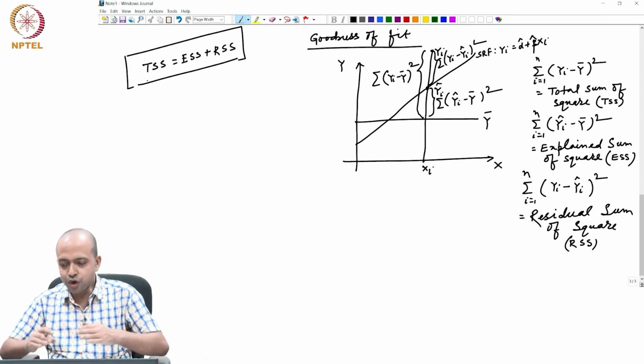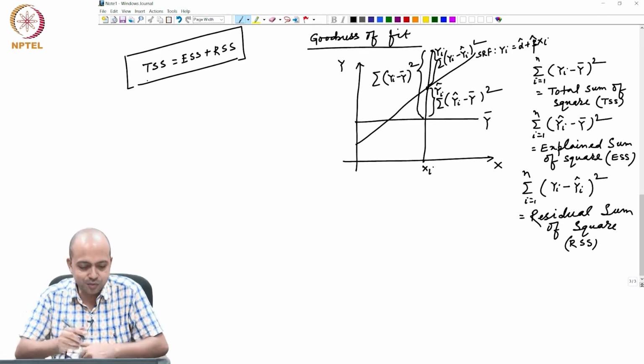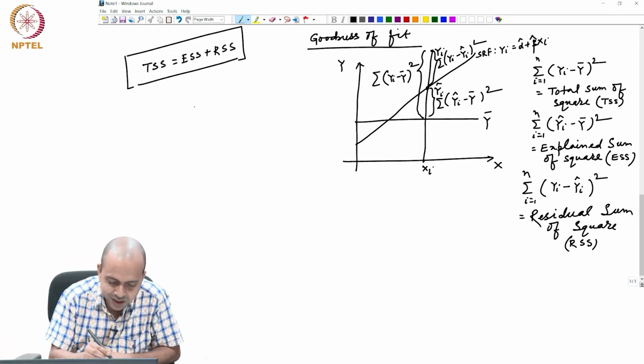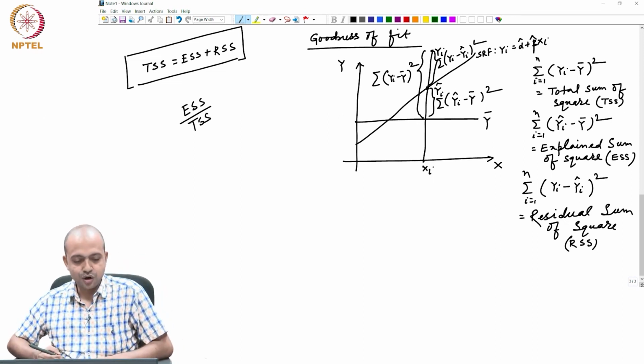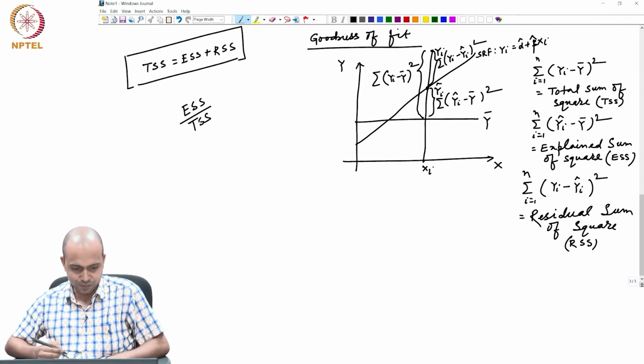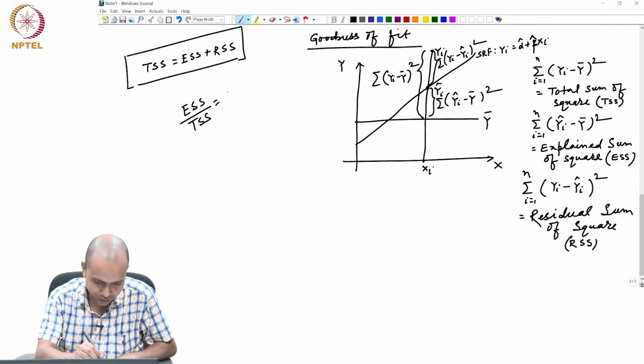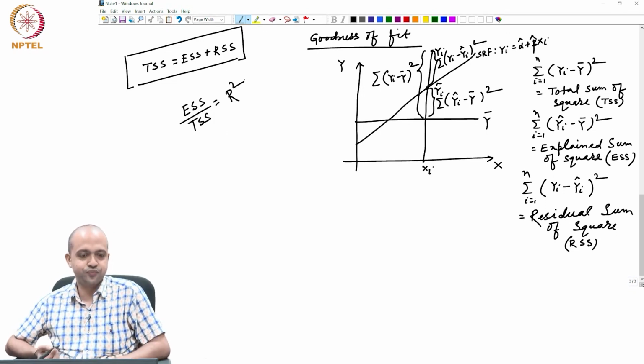More is the ESS, better is your fit. Let us take a proportion ESS by TSS. Out of total variation, how much is your model going to explain? This proportion is known as R square or goodness of fit measure.